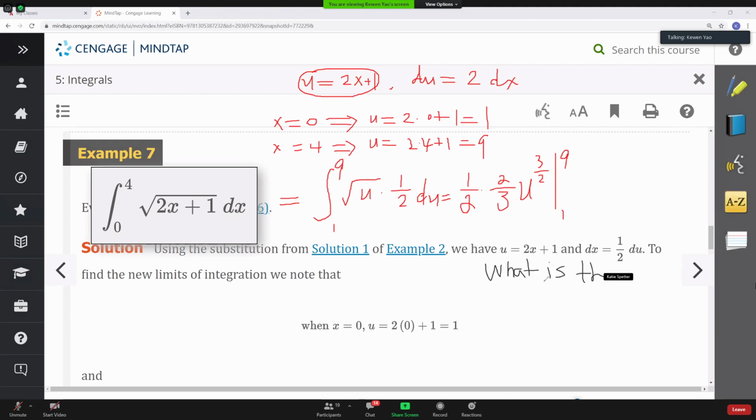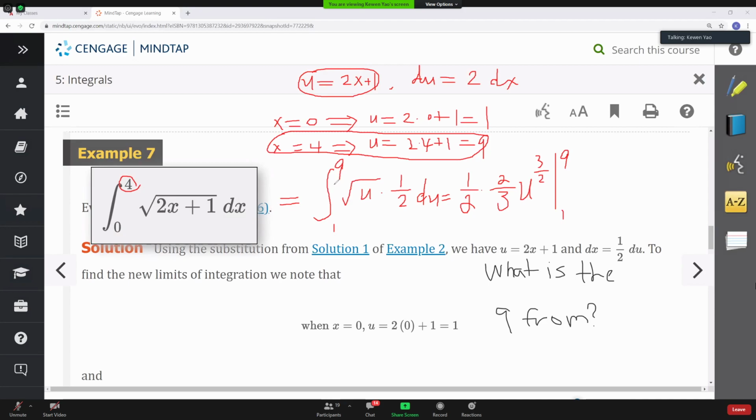Follow these. Where does the 9 come from? Right here. Here you have x equal to 4. By using this connection, 2 times 4 plus 1 is 9.